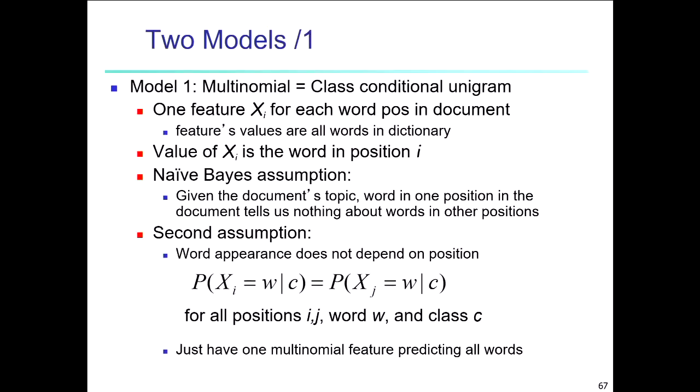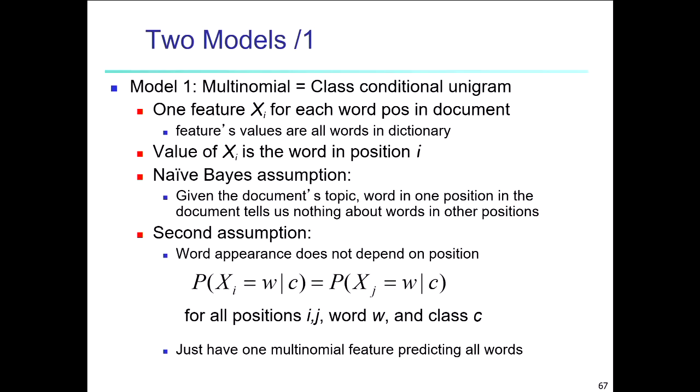So if we compare the two models, there are two things that we need to be aware of. One thing is, in the multinomial model, each feature corresponds to each word position.